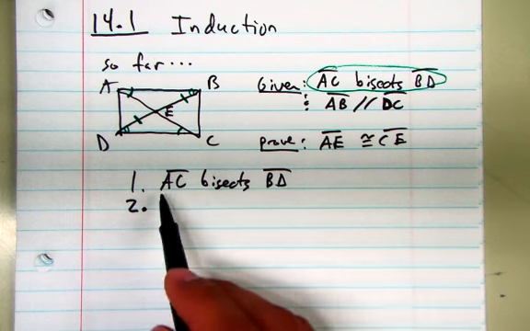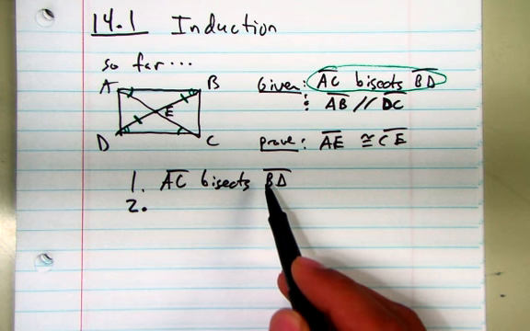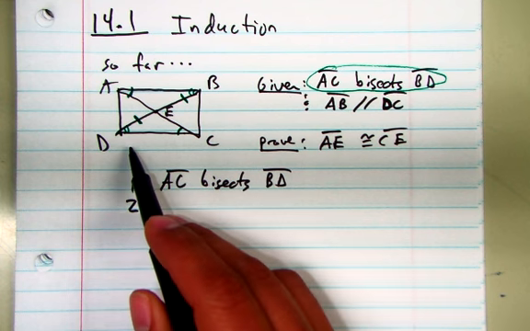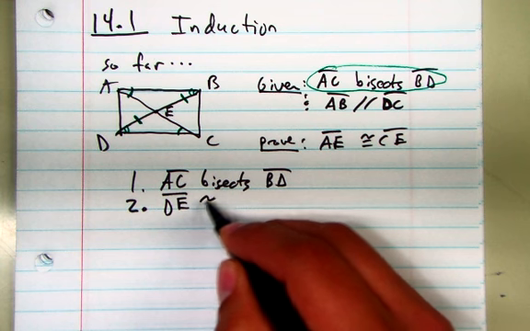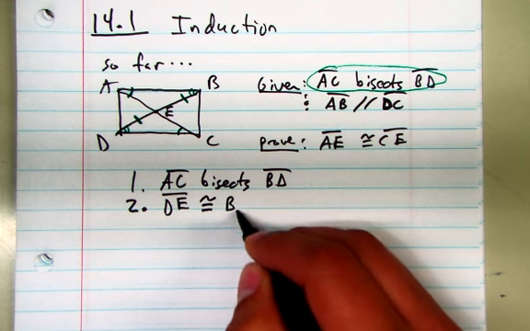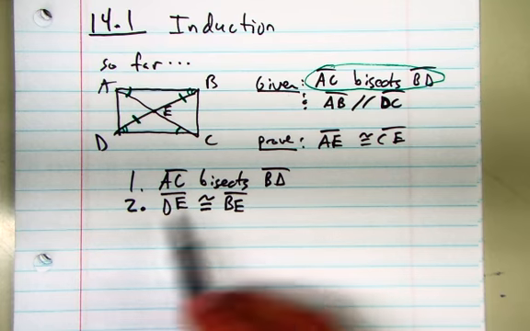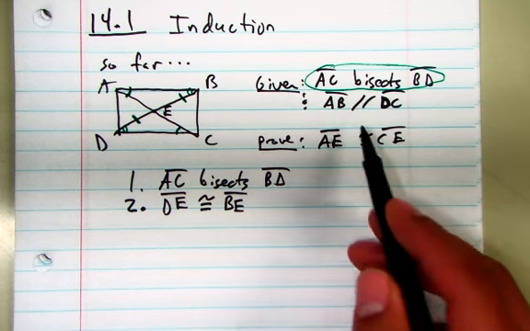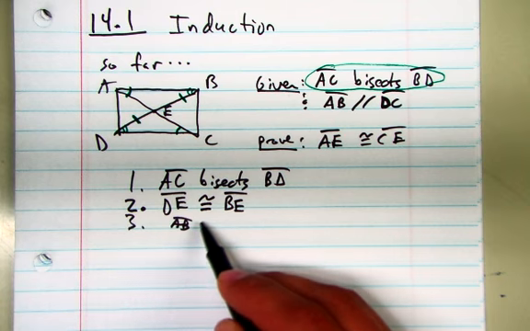The fact that AC bisected BD, what did that allow me to do in the picture? Mark. Very good. So I'm going to say DE congruent to BE. So that's what the given statement allowed me to do. And next I went on to this other given statement, which is that AB is parallel to DC.